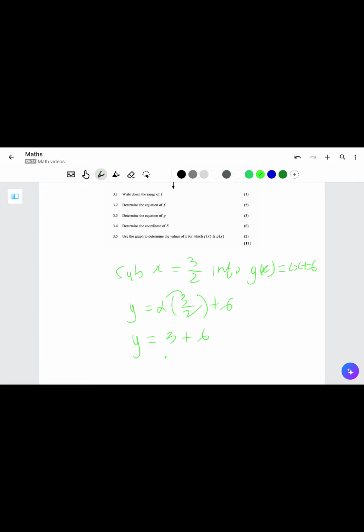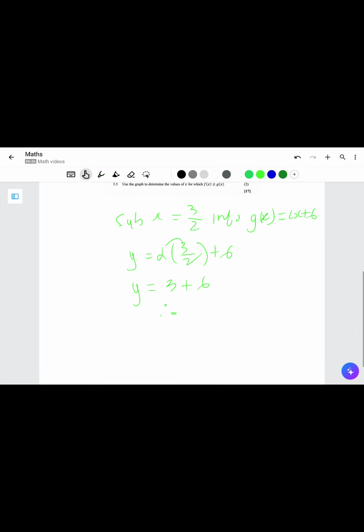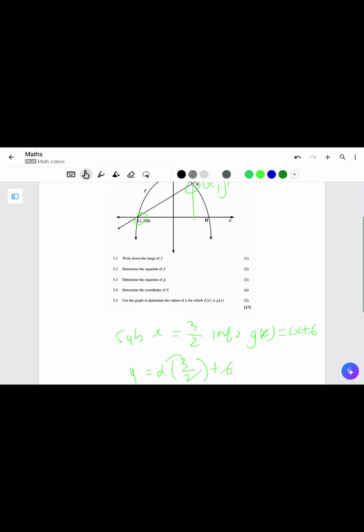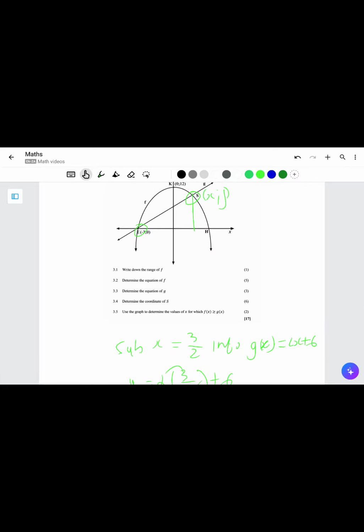So therefore, we now know that y equals 9. So we can say that S is 3 over 2 and 9. I know that was quite a bit of working out, guys, but that just earned you 6 marks. That was a lot.